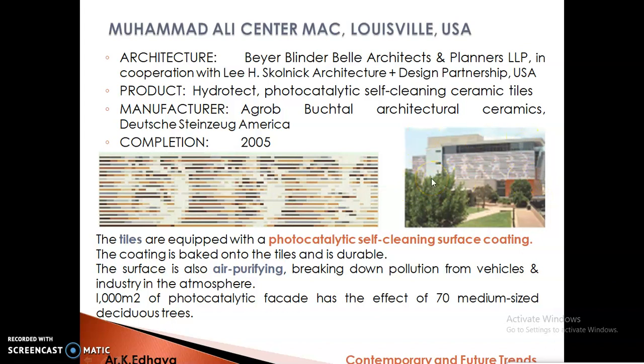This is a public place, a common place where people are going to come in and train. Here they have the photocatalytic self-cleaning surface coatings which also have air purifying properties. So it also purifies the air polluted by nearby vehicles and industries.